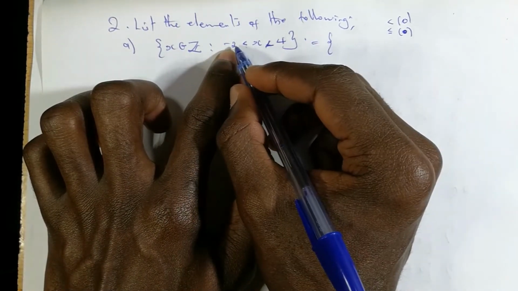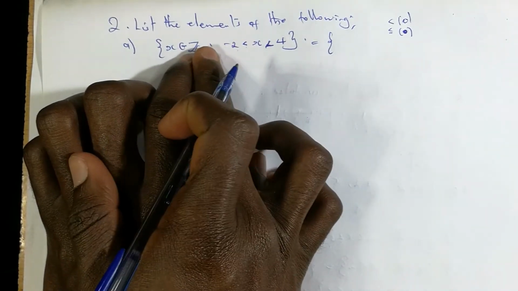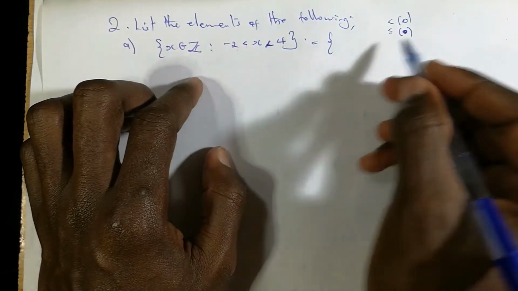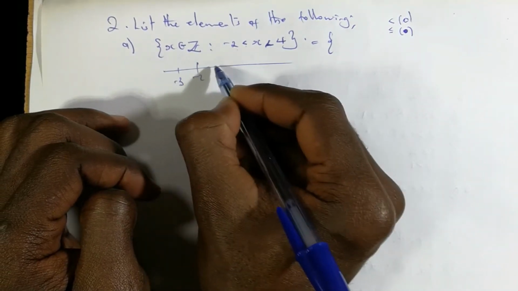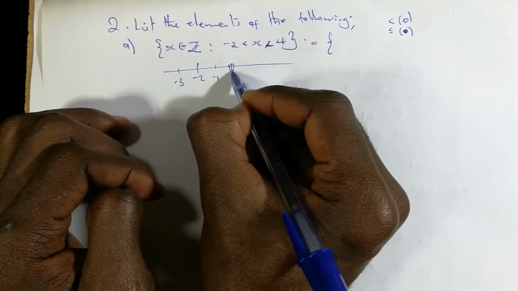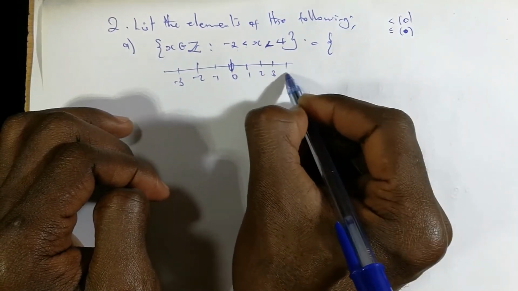Since they're integers, the next one to the right of -2 would be this. We have here -3, -2, -1, 0, 1, 2, 3, 4.